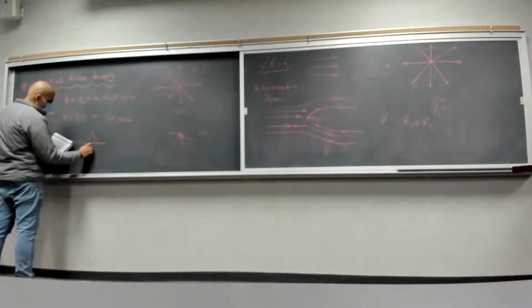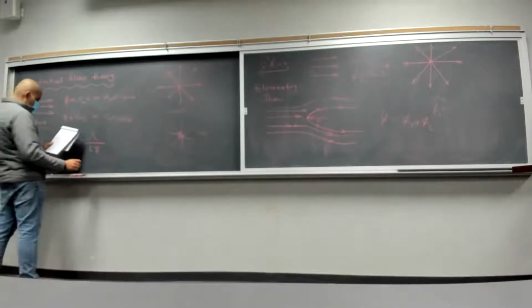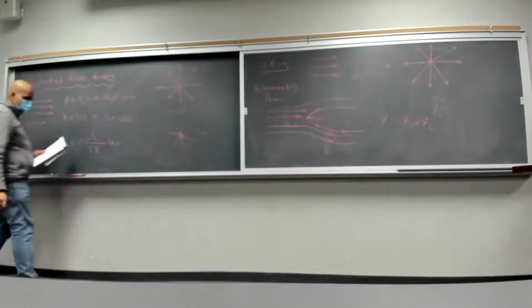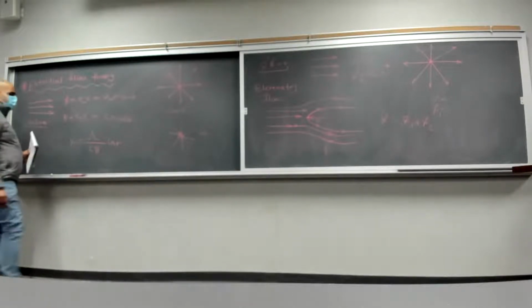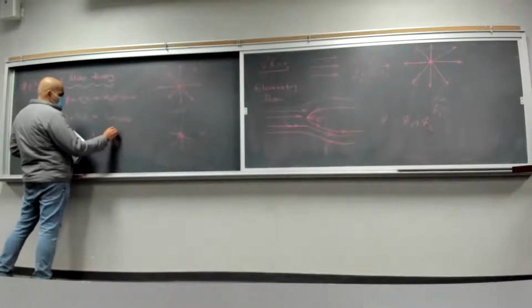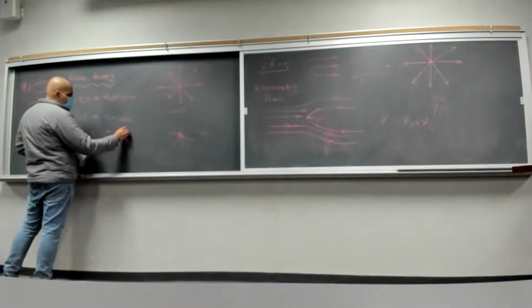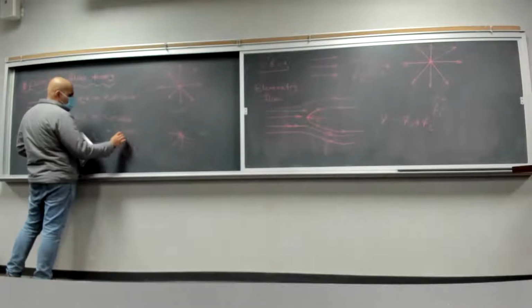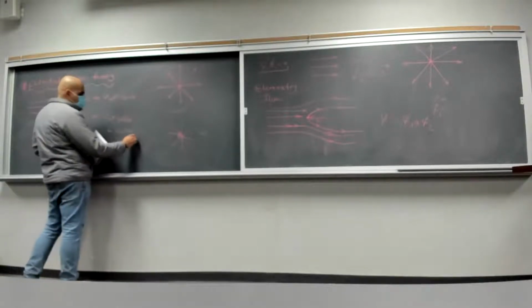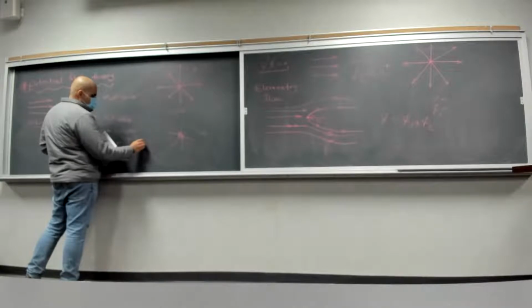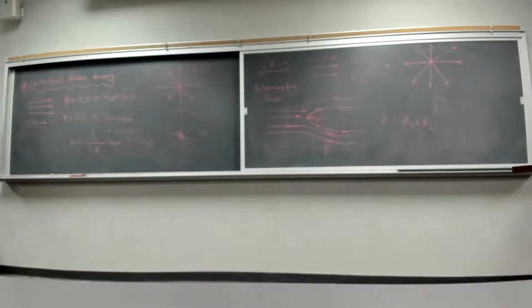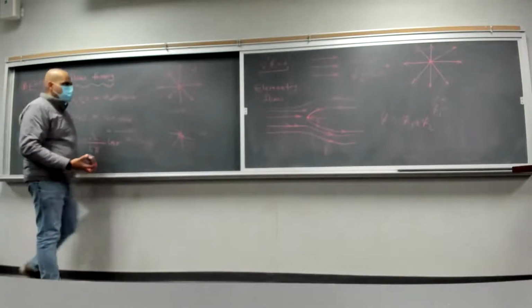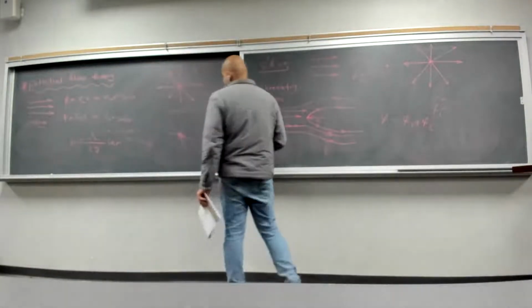Velocity potential is lambda over 2 pi natural log of R. Lambda is the strength of the source or sink, and it's usually given to you, or you can determine it pretty easily.